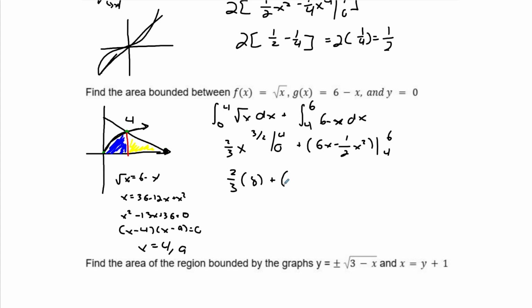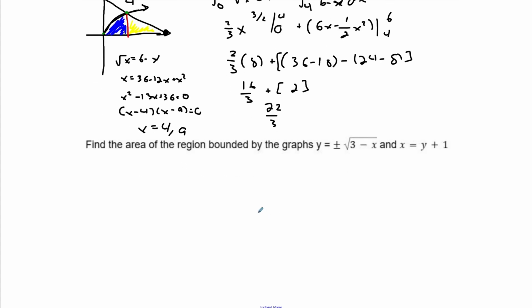And then plus we would have here 36 minus 18. And then minus, we would have 24 minus 8, right? So we would get 16/3 plus 2. And that would give us 22/3.